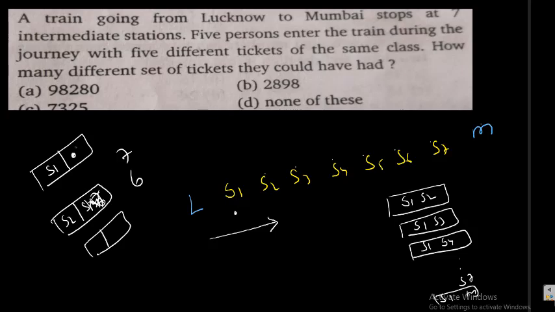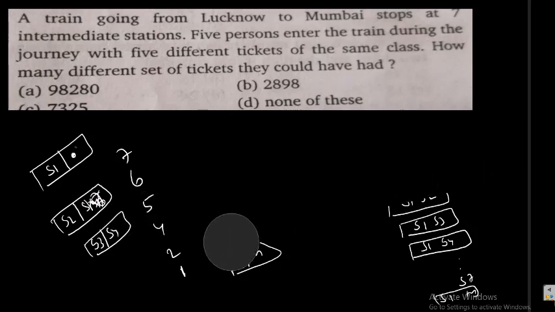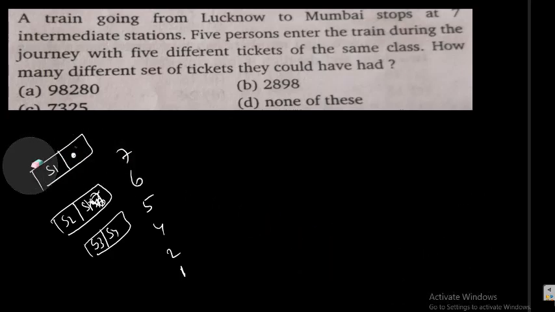So on another ticket they can print S3 and S4 and S3 and S5, S3 like that, 5 possibilities, 4 possibilities, 2 possibilities, last 1 possibility. What is that 1 possibility means? S7 and M, S7 and M. So the possible tickets I will write.